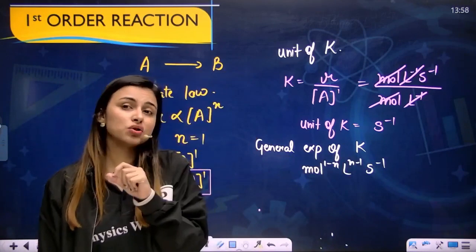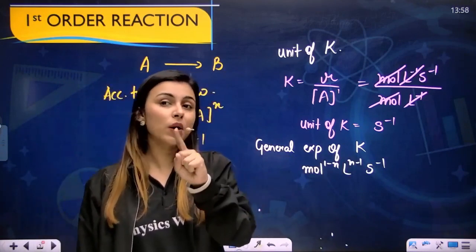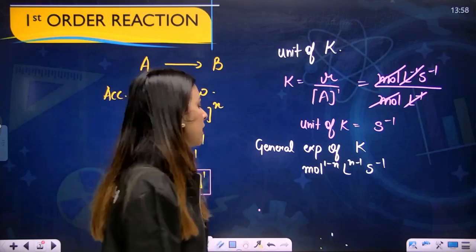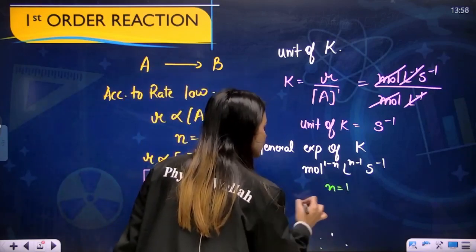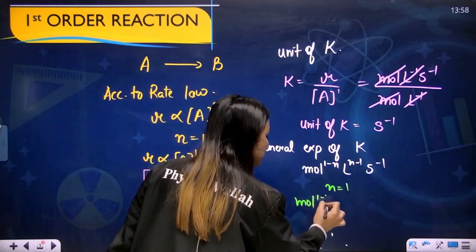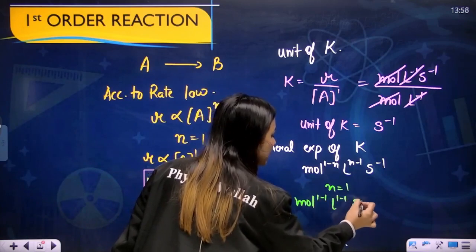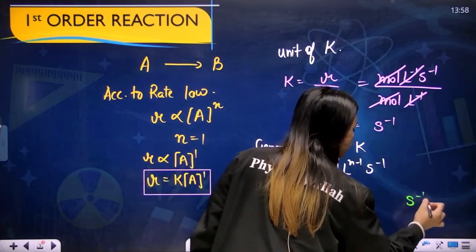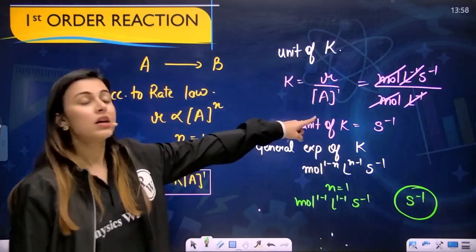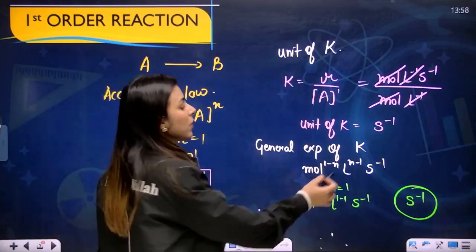Since your order of the reaction is 1, n is equal to 1. Let's put it in: mole to the power 1 minus 1, liter to the power 1 minus 1, second inverse. So the unit came out to be second inverse, and the unit from our rate law also came out to be second inverse.